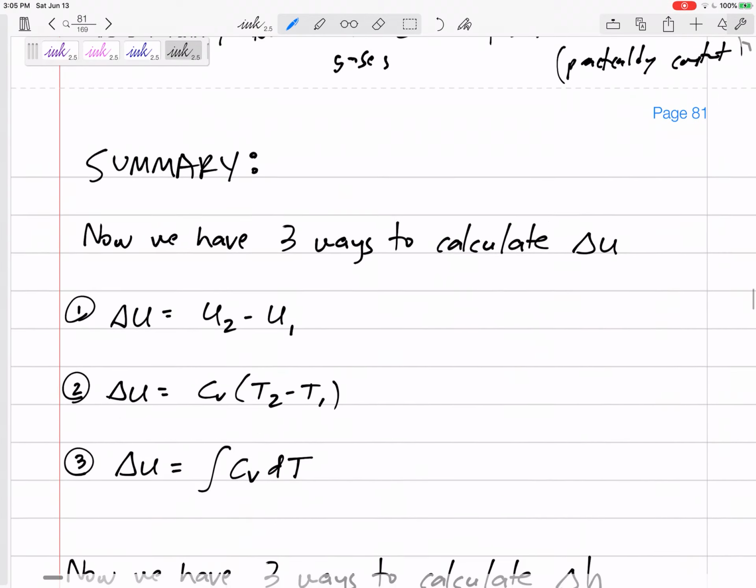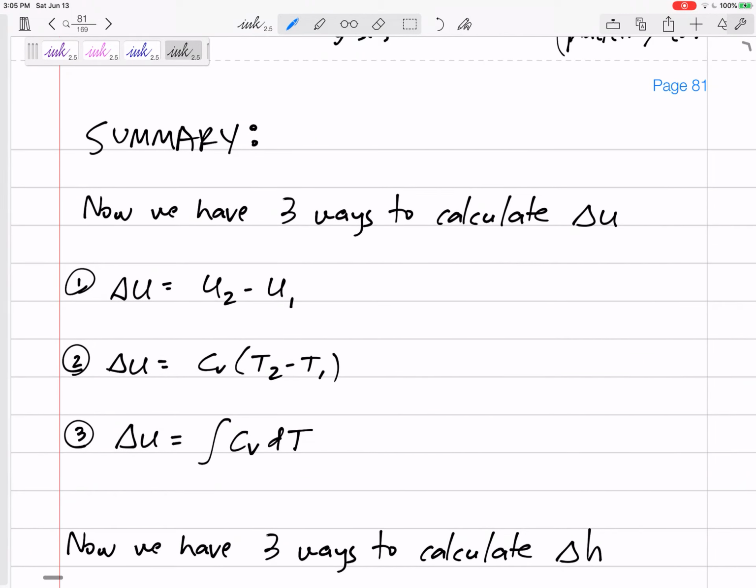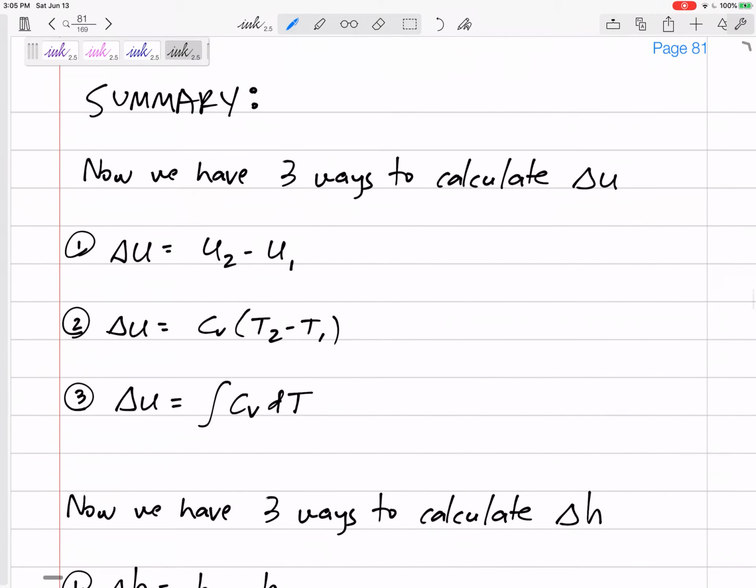But here, last page, summary. This is the big deal. If you didn't listen to all that, I hope you're still watching this video. Now we're going to do the same equations, but now we have two more ways to calculate delta U. Our old way was from the property tables, and we're going to say that this is the most accurate, but it takes a lot of time.